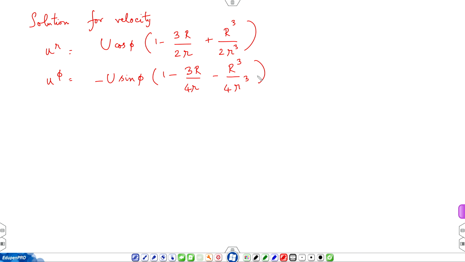From velocity you can find shear stresses, and from pressure of course you will get normal stresses. Just write down expressions for sigma rr. These are all in spherical coordinates.